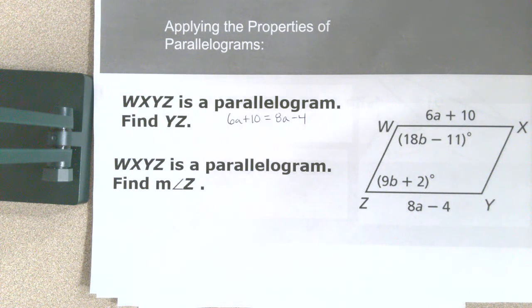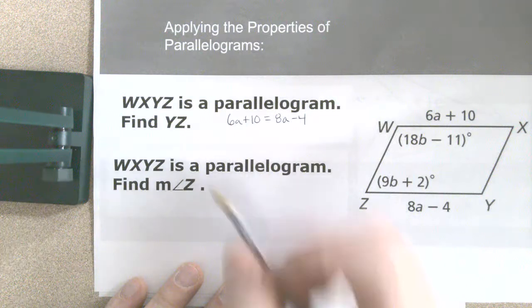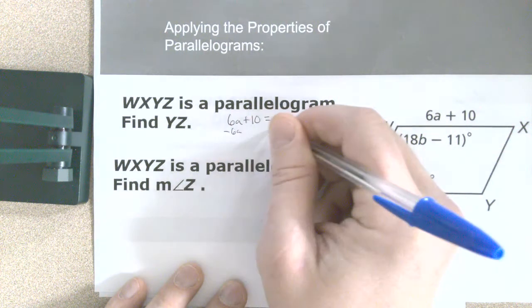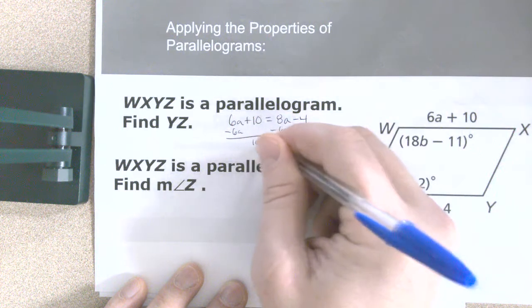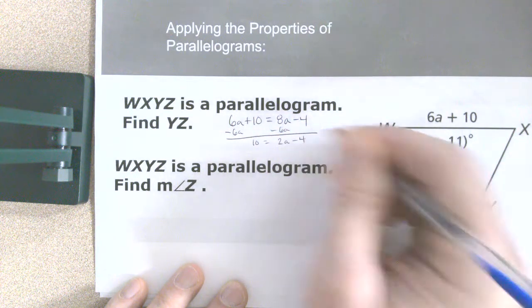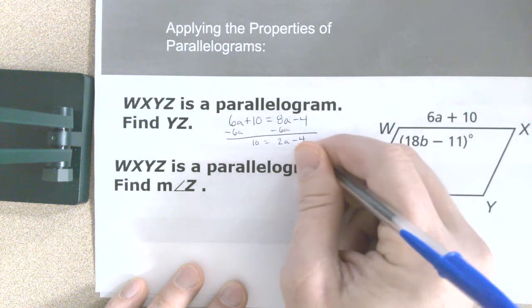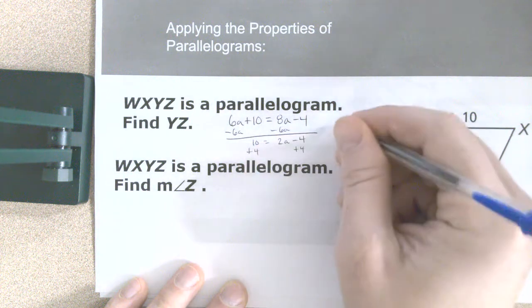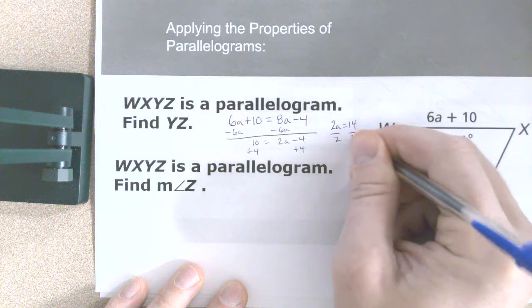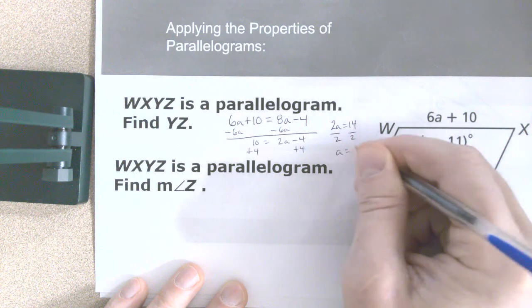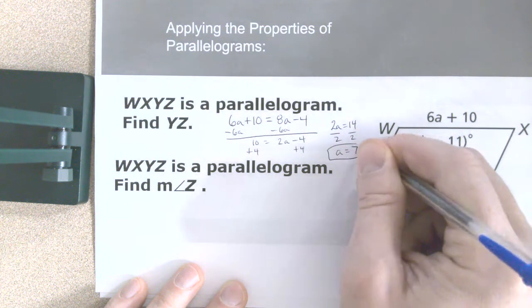As we look at our equation, we're going to subtract 6A. We get 10 equals 2A minus 4. If I add 4 to both sides, 2A equals 14. If I divide by 2, A is going to be 7.